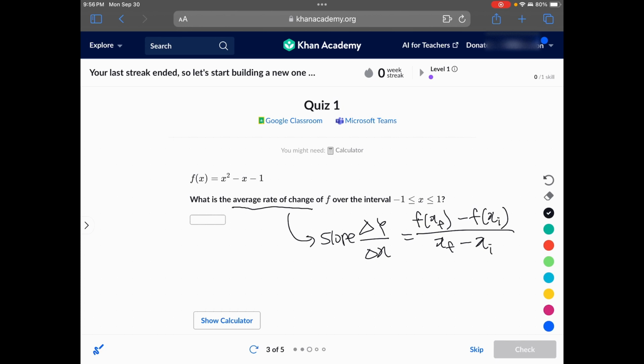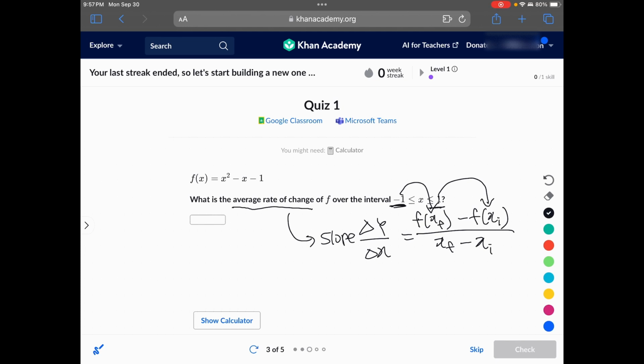So it's telling you there's a -1 and there's a 1, so we can simply just plug it in. So if we plug it in right here, and if we plug it in right here, we can get the answer.